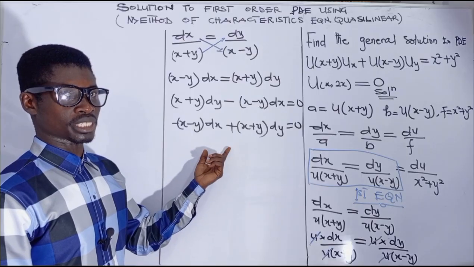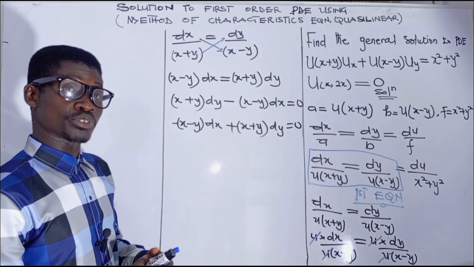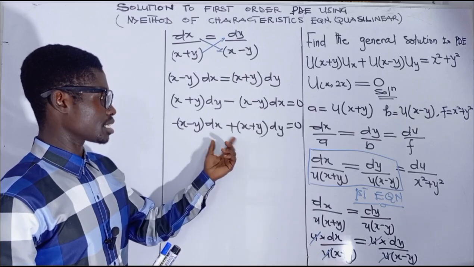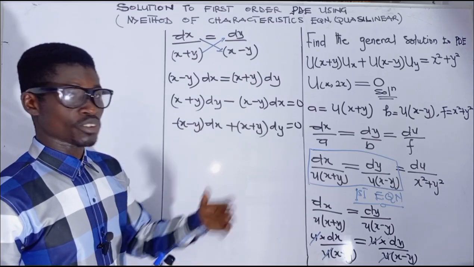I believe you've come across it somewhere else. If you could remember, when we were looking at the ordinary differential equation, we came across a differential equation of this very form.